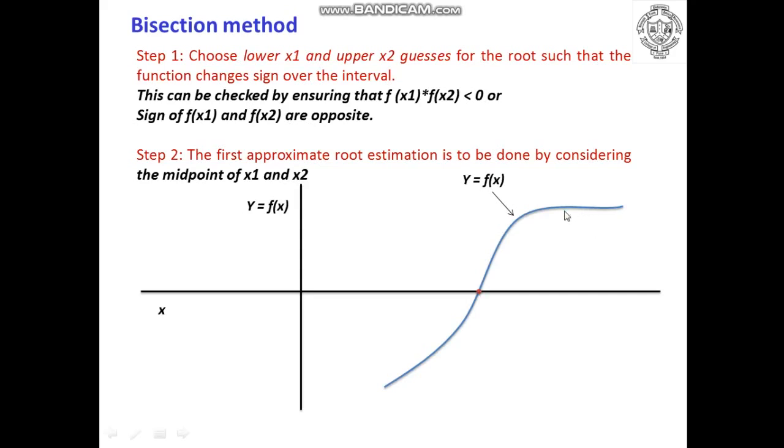If you observe this function, it crosses the x axis at this particular point, and our intention is to find the value of this point, which is considered the exact root of this equation. Now, as the bisection method involves selecting the initial guesses x1 and x2, what we will do is roughly start guessing the values of x starting from 0.